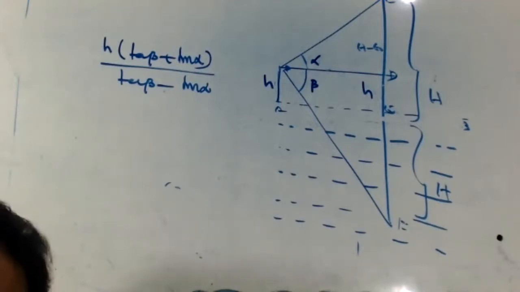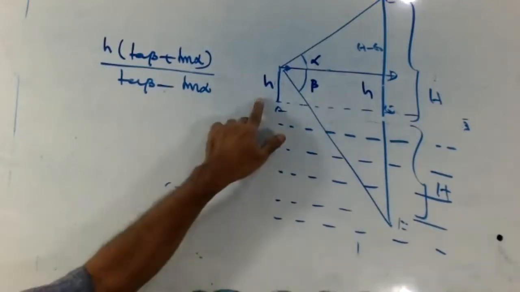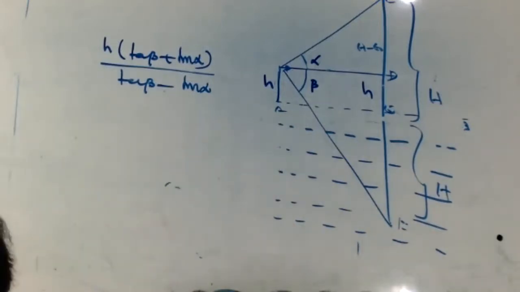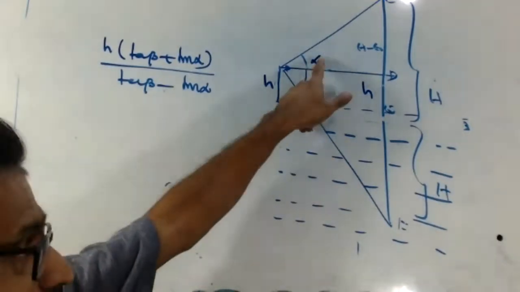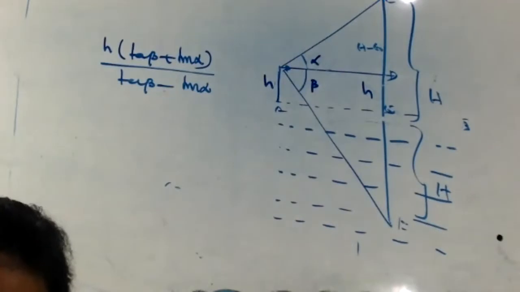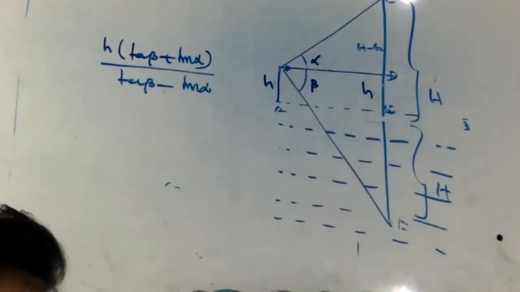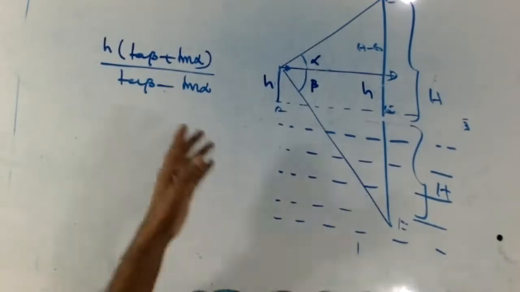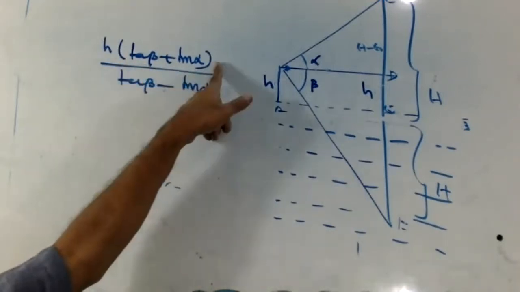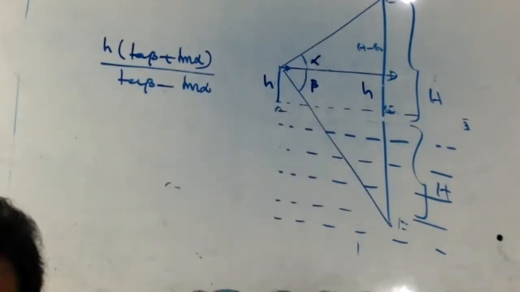In the previous question it was 60, now here small h. The previous question here is 30, here is alpha. That's the only difference. The previous question here is 60, here is beta. Then find the height of the cloud is h into tan beta plus tan alpha divided by tan beta minus tan alpha.